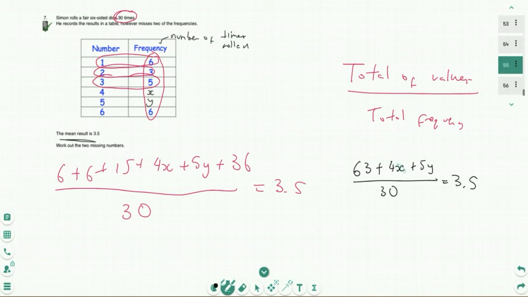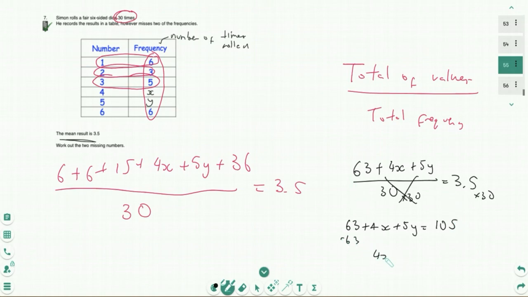Next, I want to find x and y. So let's isolate it slowly. Let's get rid of this fraction first. How do you get rid of divide by 30? We're going to multiply both sides by 30. So that cancels out. So it's going to be 63 plus 4x plus 5y equals, let me find this, I think it's 105 if I'm not mistaken. Good. Then I'll minus 63.